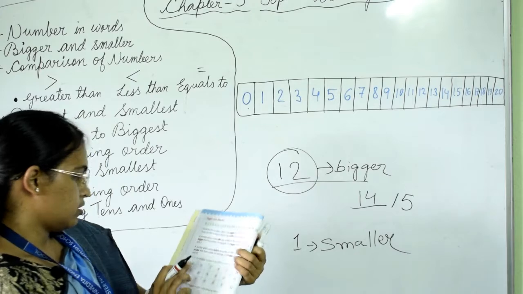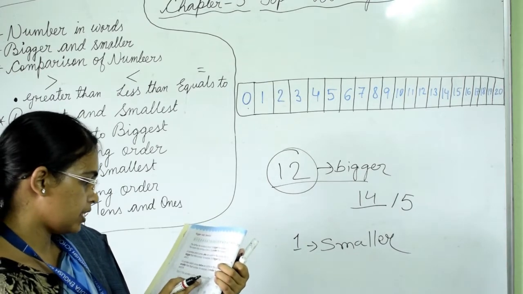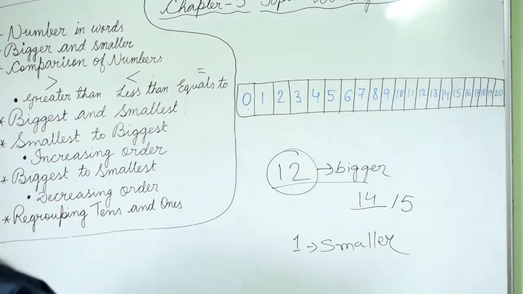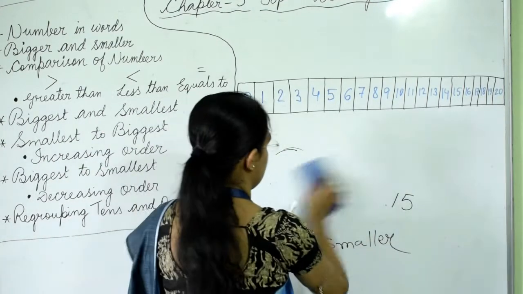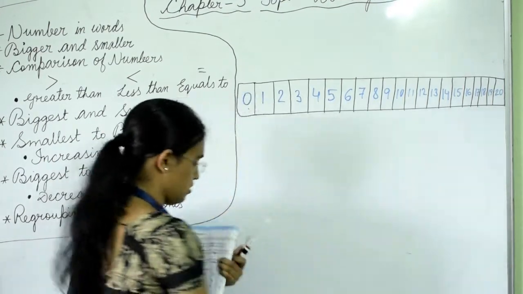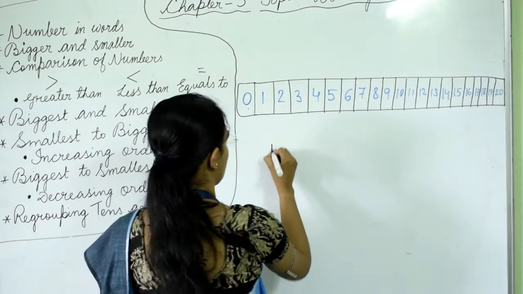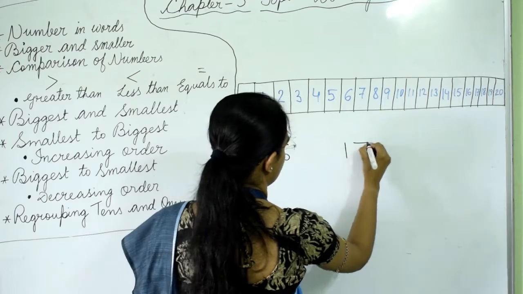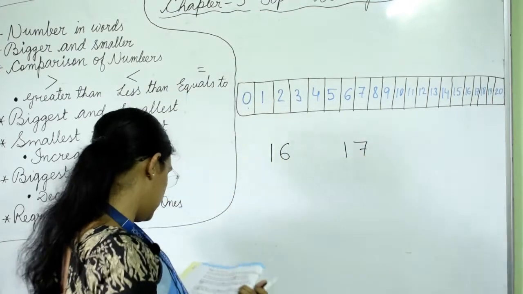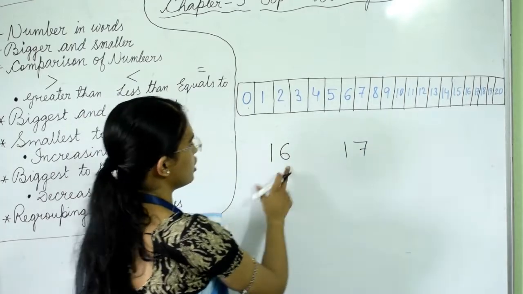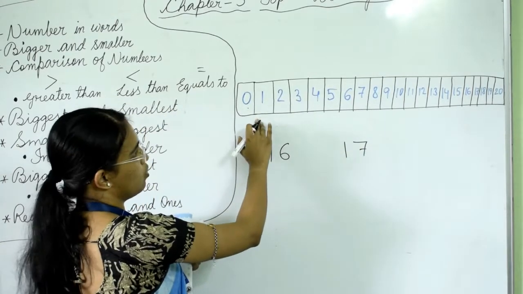Now the question is, take the smaller number in the following pairs. There are two numbers, one is 16, another one is 17. Now you have to take the smaller number. So 16 and 17, which is near to 0?